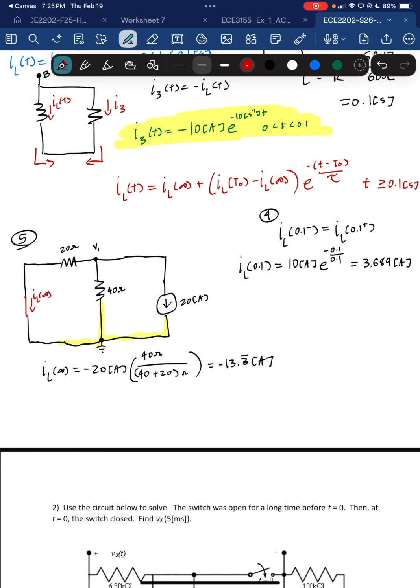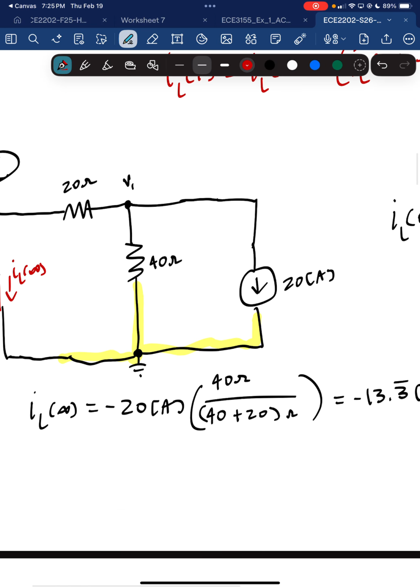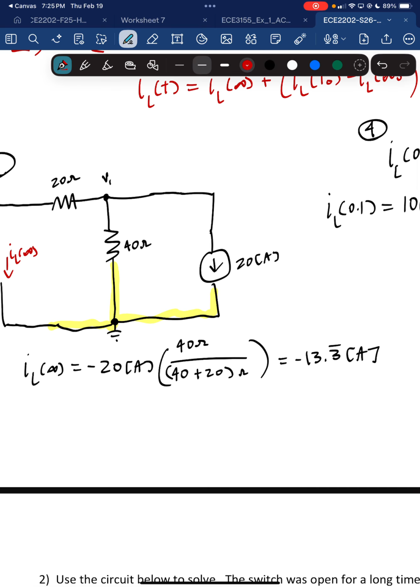Yeah, of course. So current divider, the way it works is you need a current source in parallel with two or more resistors. And there's two components of the current divider. There's your source current, and then there is your resistance ratio, that tells you how much current is going through each branch.